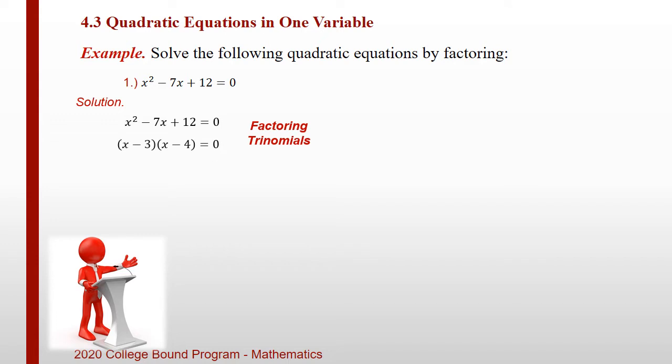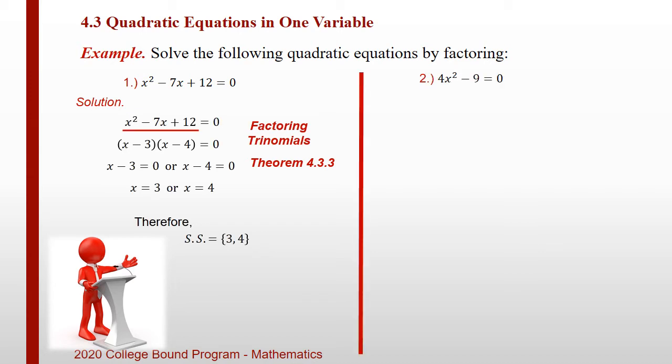Since the product of x minus 3 and x minus 4 is 0, then using the zero-factor theorem, we have x minus 3 equals 0 or x minus 4 equals 0. Solving for x, we get x equals 3 and x equals 4. Therefore, the solution set is the set containing 3 and 4.